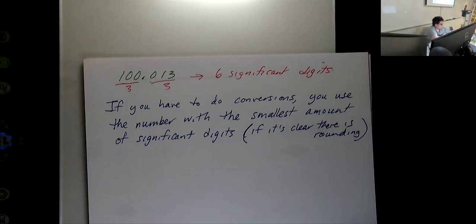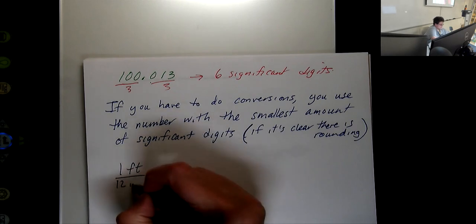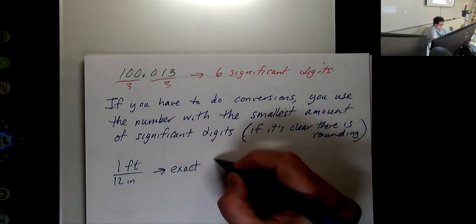So like if we look at the table, 1 foot to 12 inches. We know these are exact, so we don't worry about their sig figs. Don't count these.